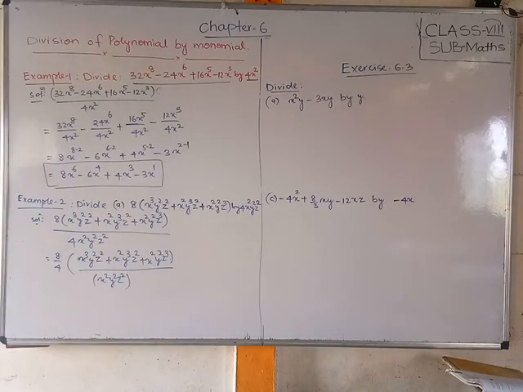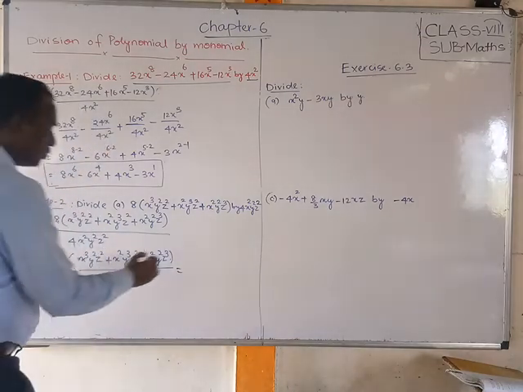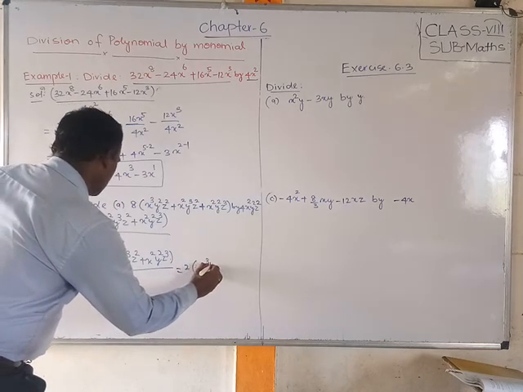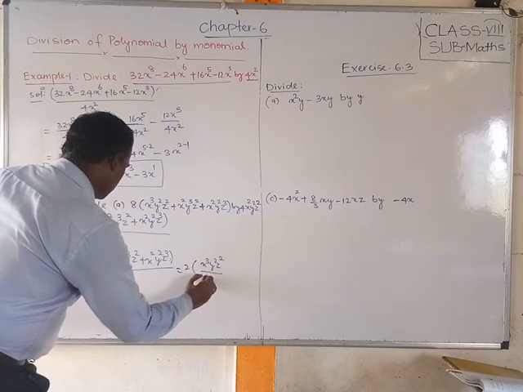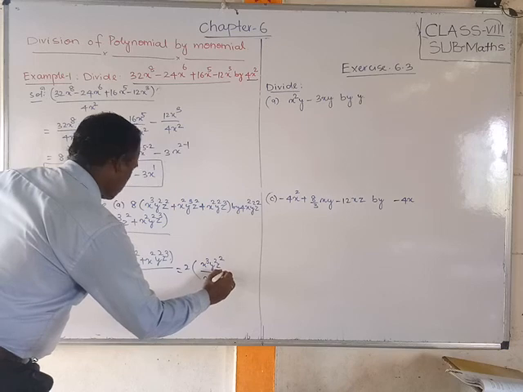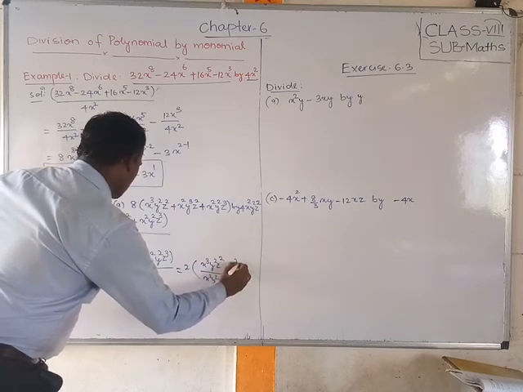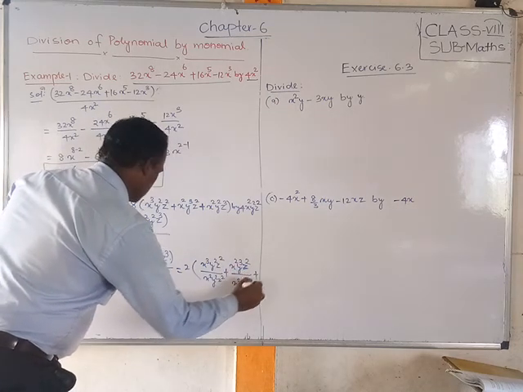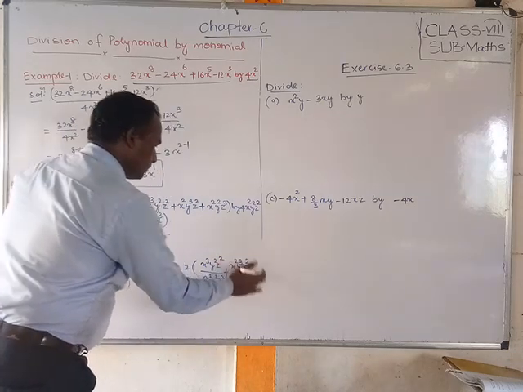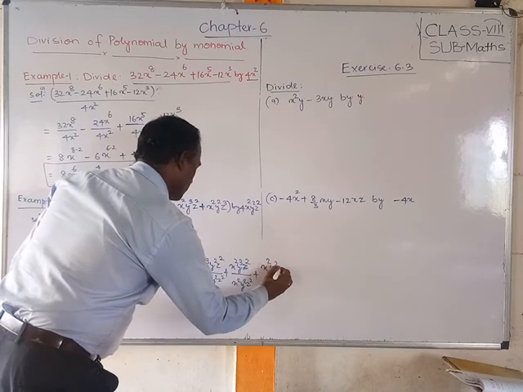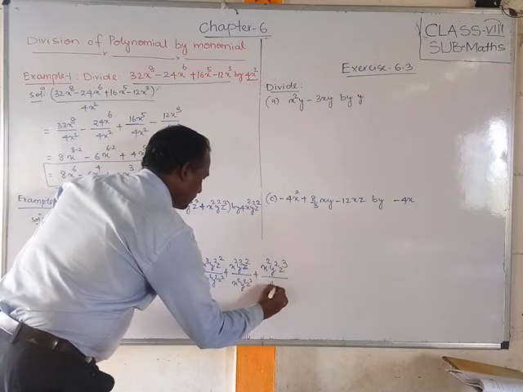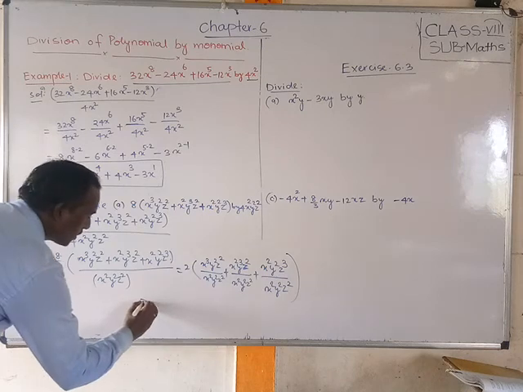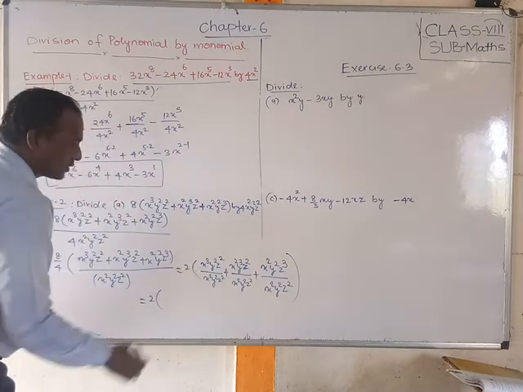Next, individually you can do x cube y square z square by x square y square z square, plus x square y cube z square by x square y square z square, plus x square y square z cube by x square y square z square, and close the bracket.